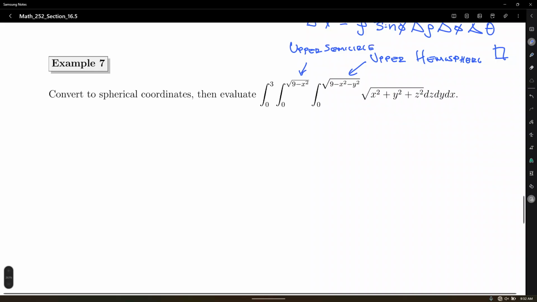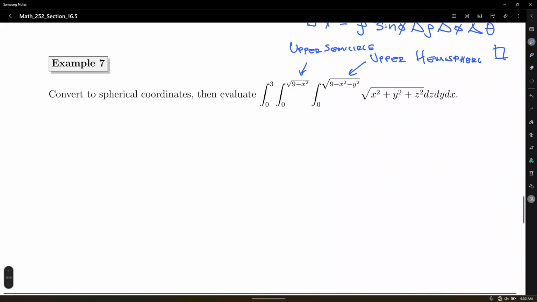Lastly, that's 0 to 3. What does that tell us? Someone on this side. What does that 0 to 3 tell us? Yes, we have a hemisphere that projects a circle, of course, onto the xy plane.